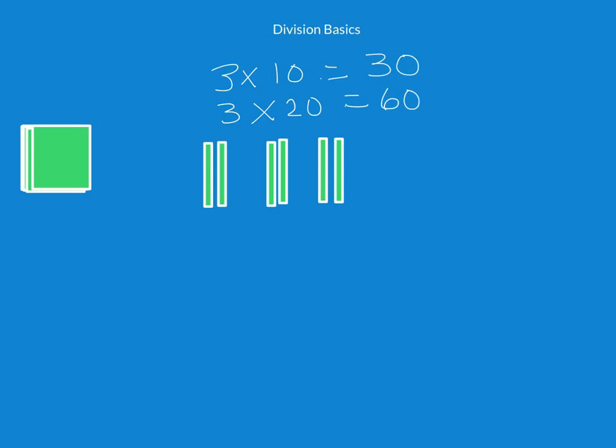And of course, if you think of that as division, then you start with the altogether number.